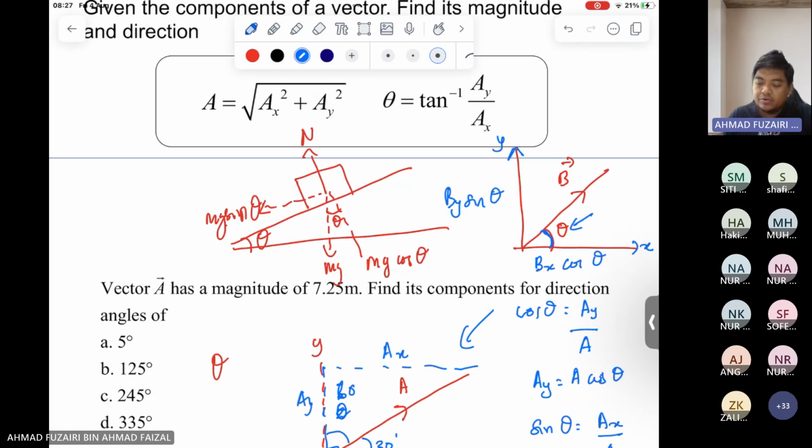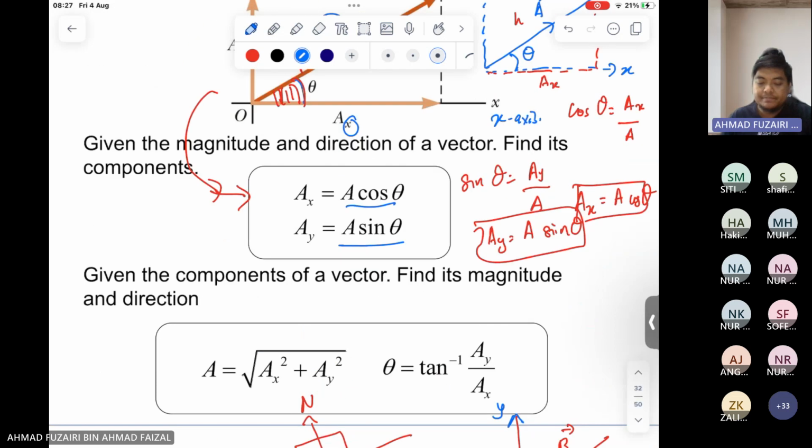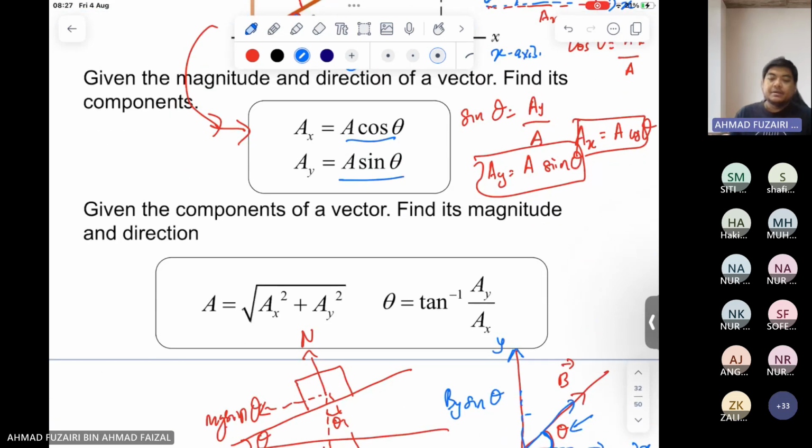Kalau angle dia duduk rapat antara line ini dan juga vektor, maka komponen dia akan jadi cos. Yang lagi satu komponen ada tak theta kat sini? Tak ada. So dia jauh duduk angle dia, so that's why dia jadi sin theta. Okay, boleh faham?